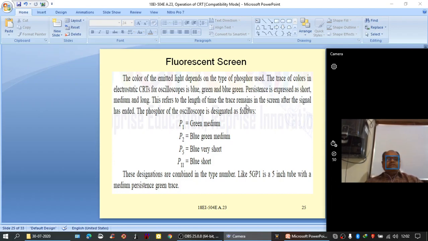In almost all CROs, you can find only these colors in the visual display. Persistence is expressed as short, medium, or long. Persistence refers to the length of time the trace of light remains on the screen after the signal has ended.